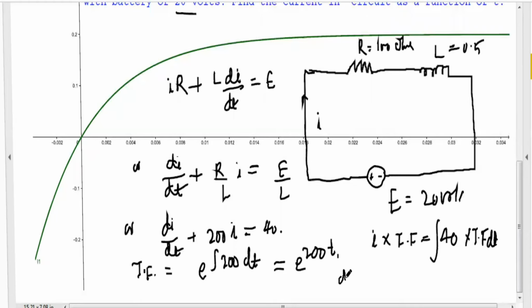So the current I, with integrating factor e to the power 200t, equals on the right hand side the integral of 40 e to the power 200t dt.